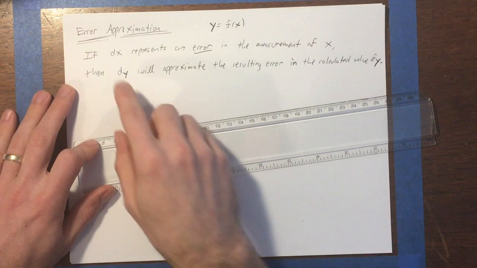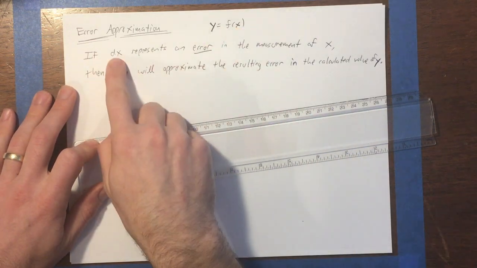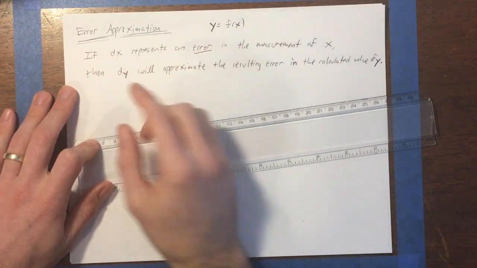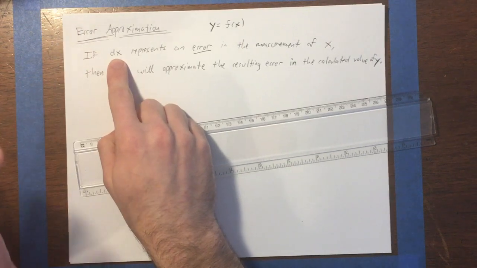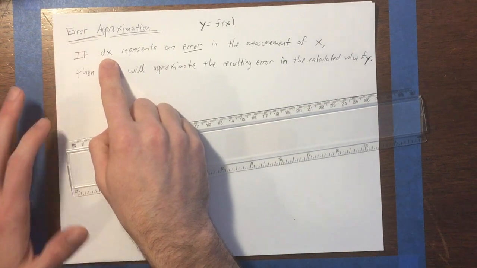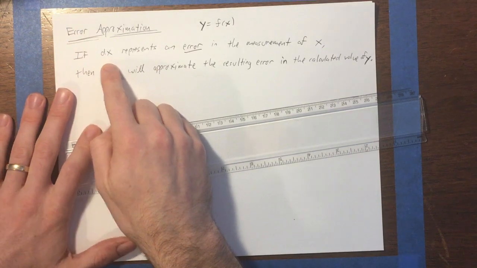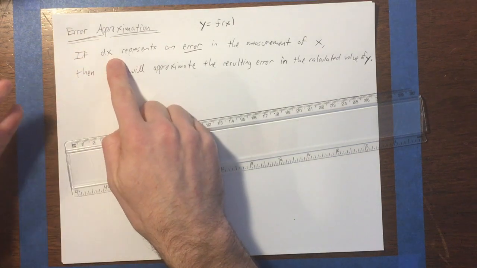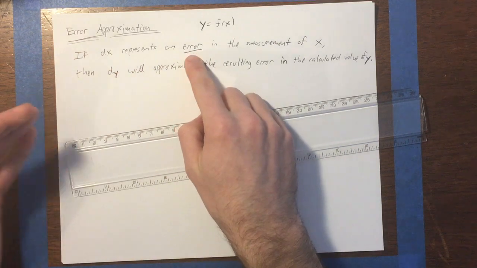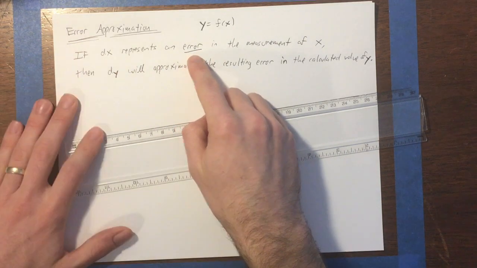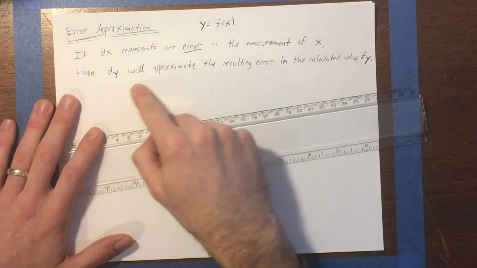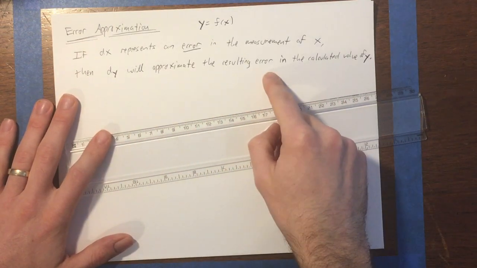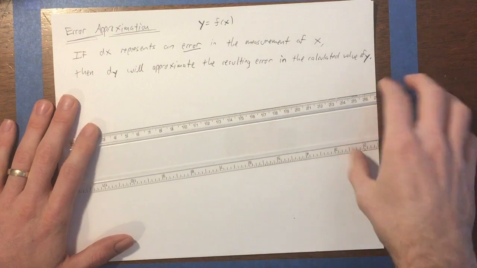So your error is like a change in x. You can think of that half millimeter as a little change in the x value that could actually be there. We could be off by that much. So we can think of dx for applications as representing an error in the measurement of the input, x. Then the dy will be an approximation of the resulting error in the calculated value of y.